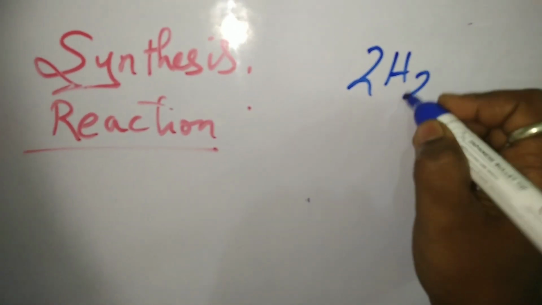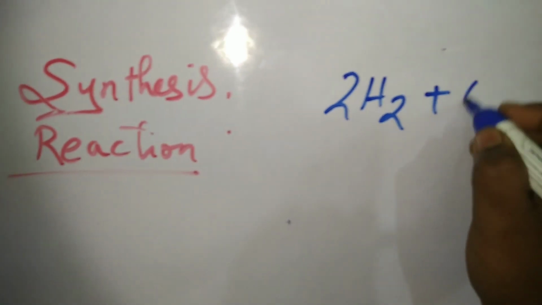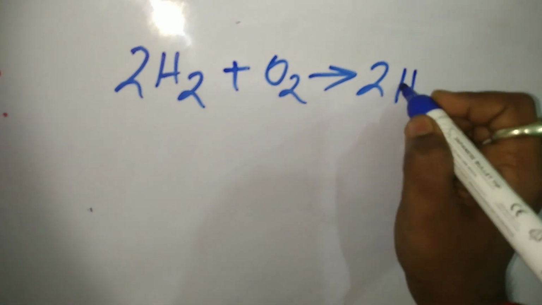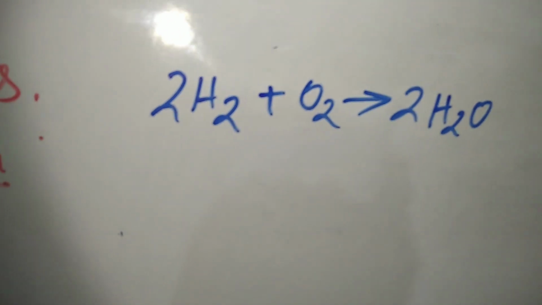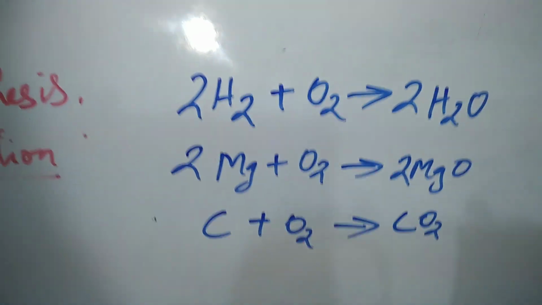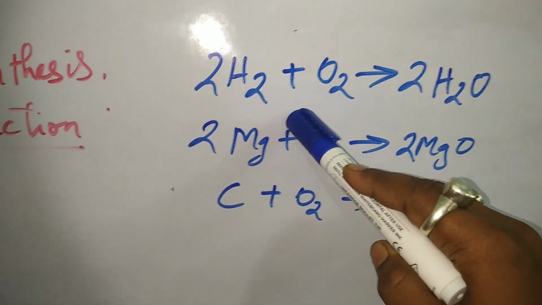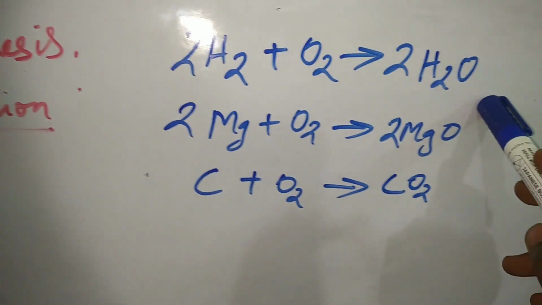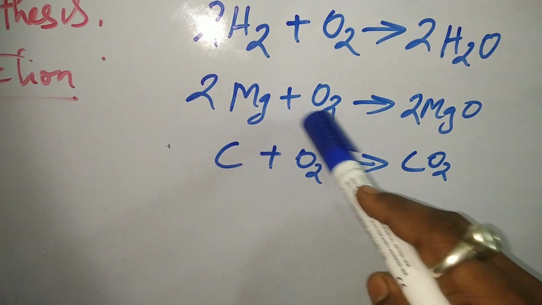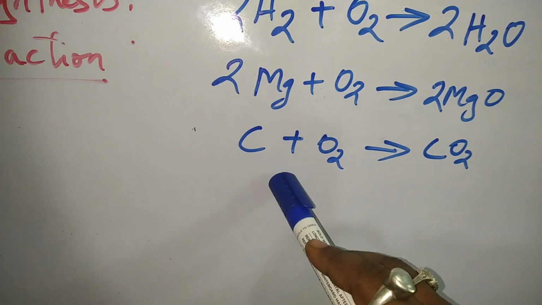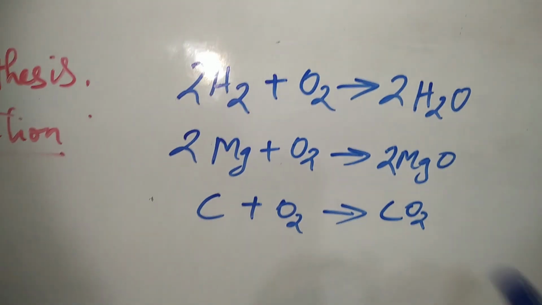Now I am writing some reactions. Let's see them. These three reactions: when hydrogen reacts with oxygen forming water, when magnesium reacts with oxygen forming 2 MgO, when carbon reacts with oxygen forming CO2.